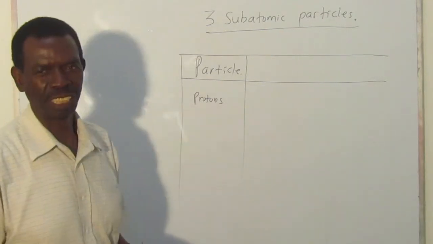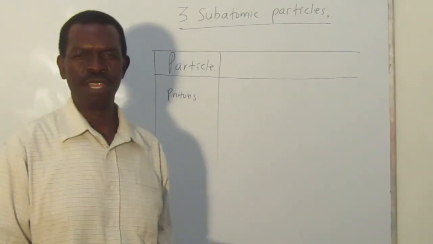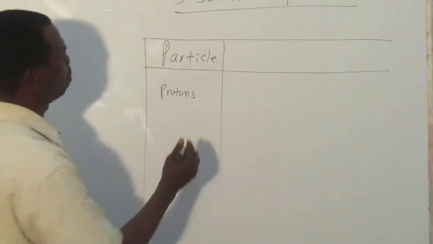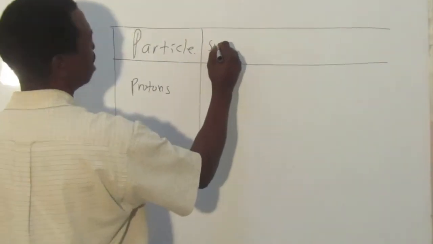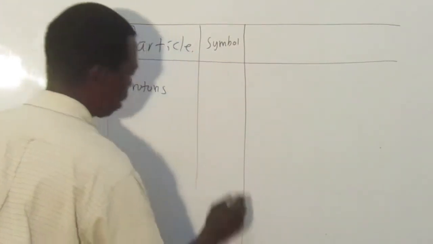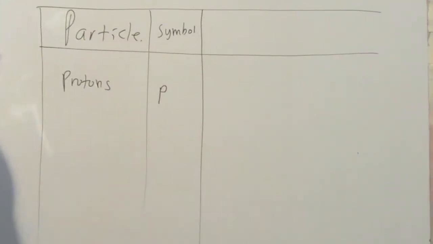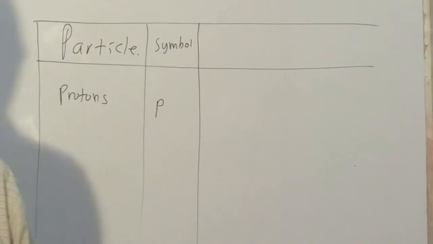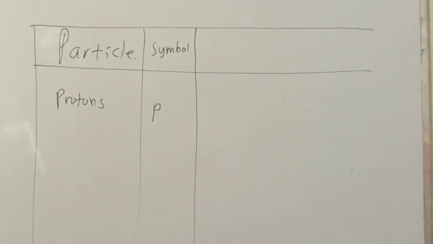Where are they found? What's the symbol? The next point I'll talk about now is the symbol. For the purpose of making life easy, you can go to any book. They are going to write the protons, the symbol is P.